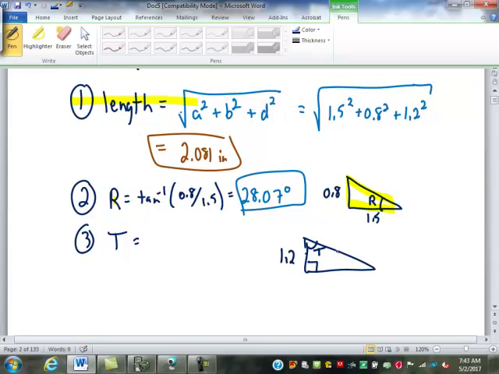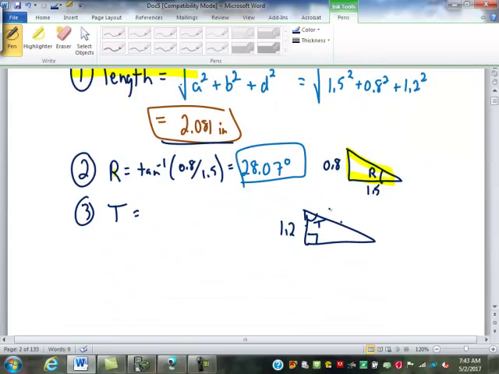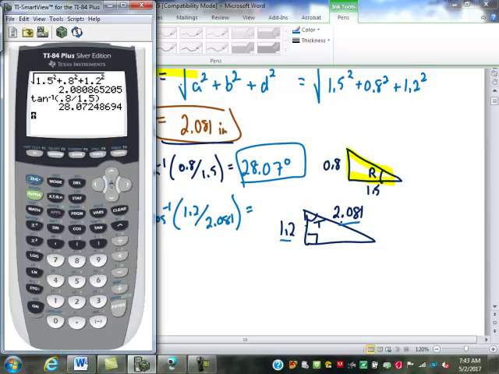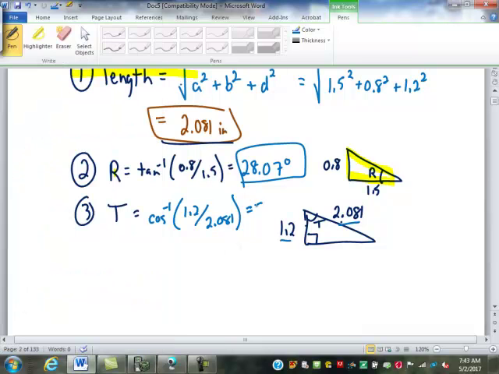This is T. The hypotenuse here is the actual bore, our length, 2.081. So to find T, I have the adjacent and the hypotenuse. That's going to be an inverse cosine of 1.2 over 2.081, which gives us 54.79 degrees.